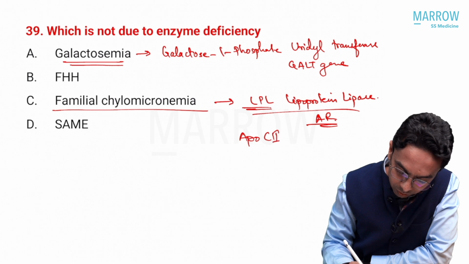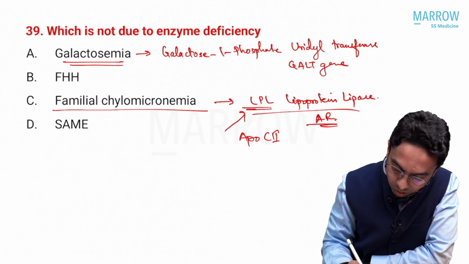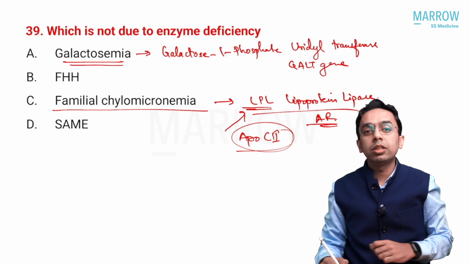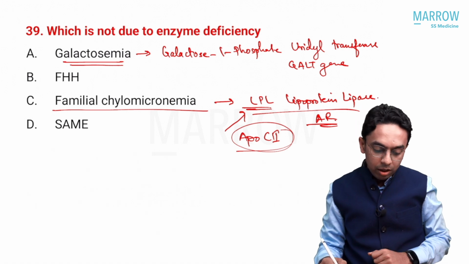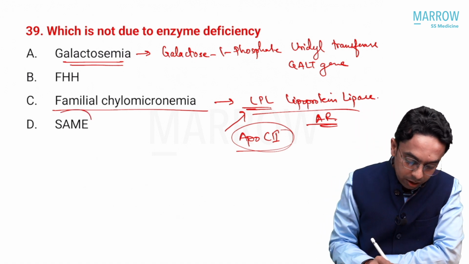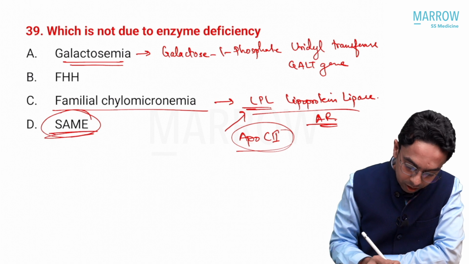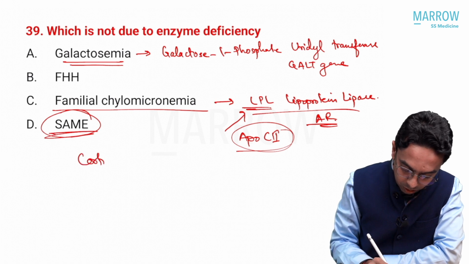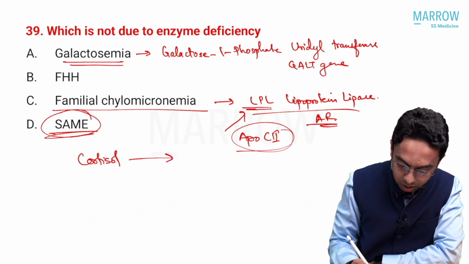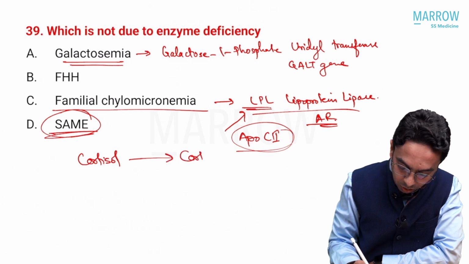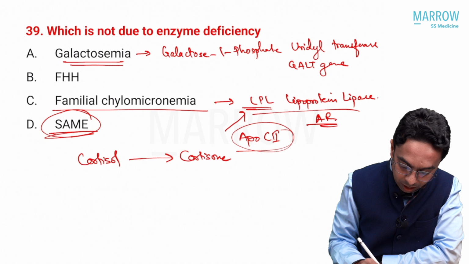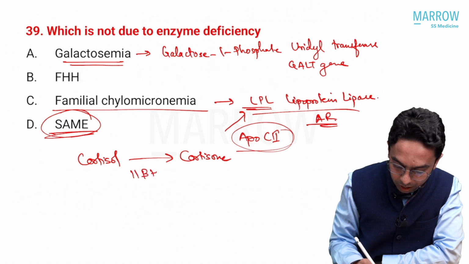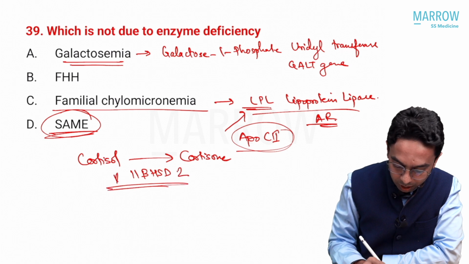This is the cofactor for the LPL. So ApoC2 deficiency will also cause familial chylomicronemia. Syndrome of apparent mineralocorticoid excess, we know that cortisol is converted to cortisone, that is inactivated by 11 beta hydroxysteroid dehydrogenase type 2. Okay, so this is important.